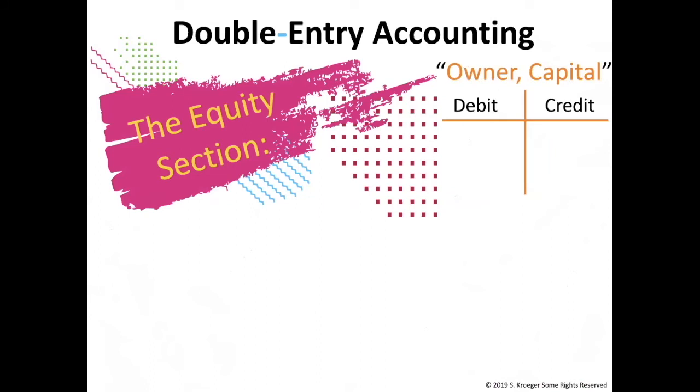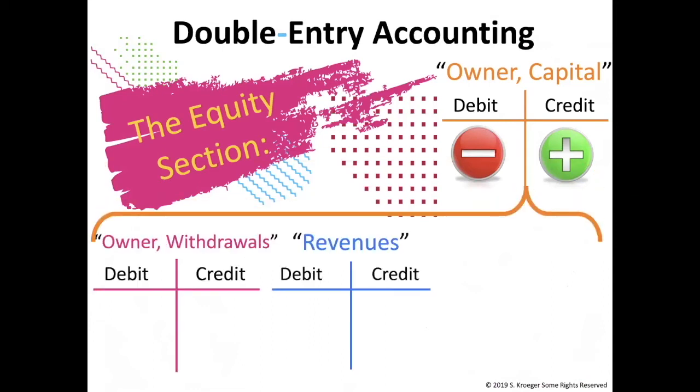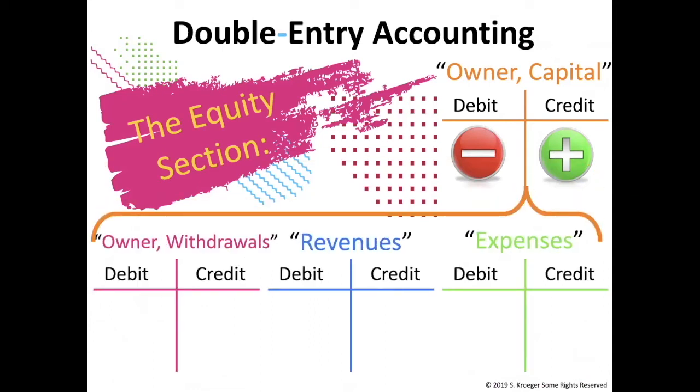First, owner's capital has a credit balance, meaning it increases on the credit side. If the owner contributes cash or other assets to the business, their capital account will get credited. Now, if the owner withdraws money from the business, we're not going to debit capital. Instead, we are going to debit the owner's withdrawal account.